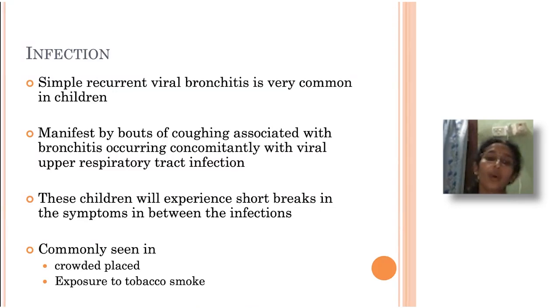These infections are commonly seen in crowded places and with exposure to tobacco smoke. As this is a repeated infection, when we take the history, we have to ask whether these 4 weeks of symptoms are continuous, or whether the kids are well in between, with short breaks. This will help us to differentiate whether it is a recurrent infection.